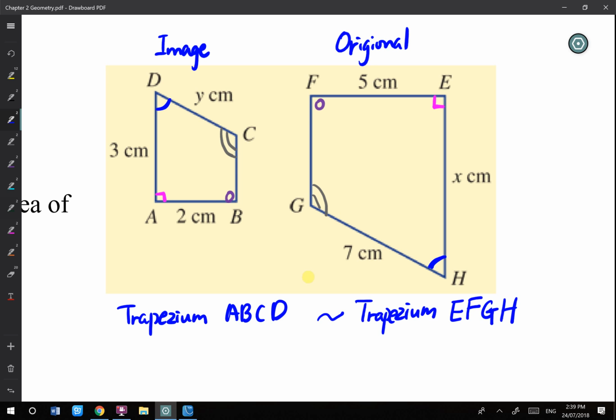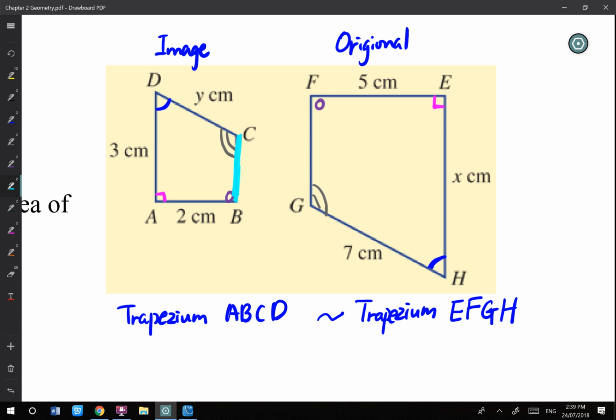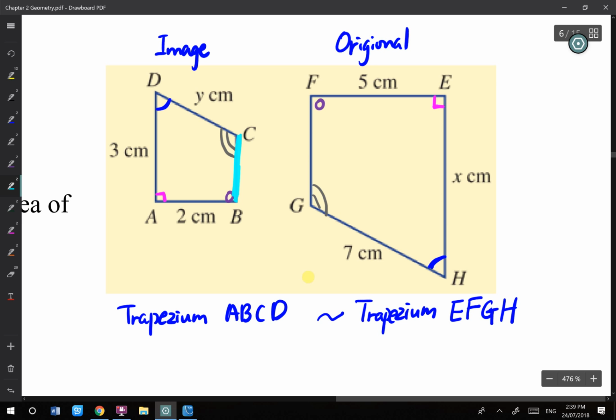Now let's label the lines. CD is a corresponding length with which one? FG. CD is corresponding with which one? GH.